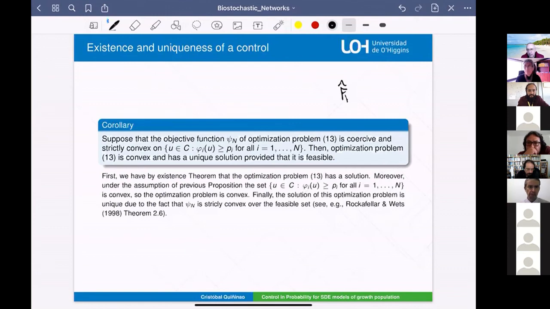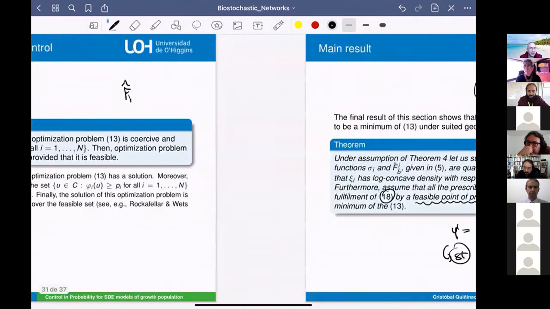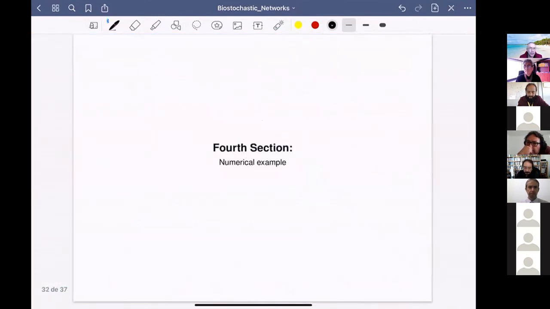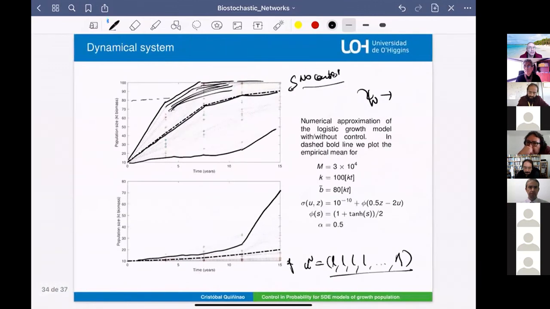Yes, but I imagine that in practice you have to do some kind of measurement, and using this measurement you have to adjust the control. Maybe this random time can tell you when you have to take the measurement.